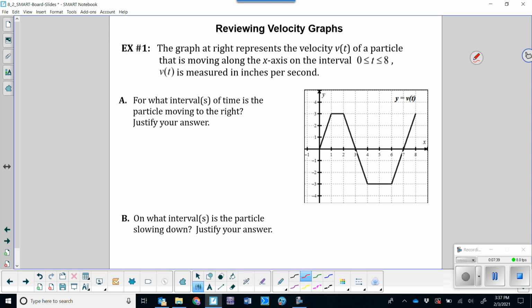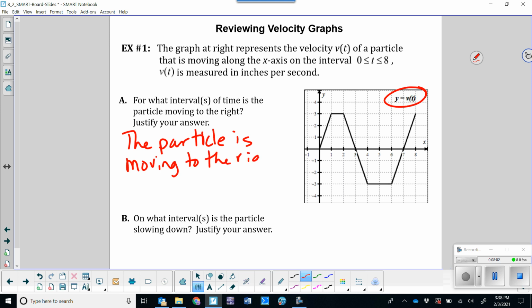So for what intervals is the particle moving to the right? The graph is velocity. I know the direction a particle's moving by the sign of the velocity. So I would say the particle is moving to the right on the interval 0 to 3 and 7 to 8.